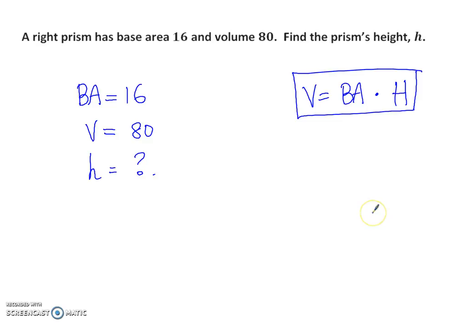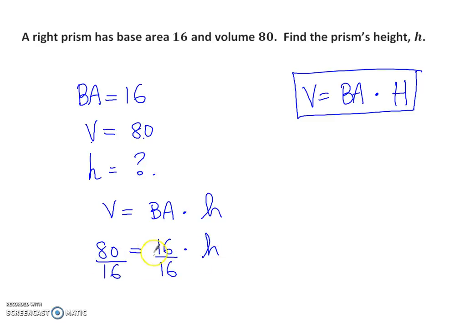So I'm going to write it out here. I know the volume to be 80, so under V I'm going to put 80. I know the base area to be 16, so under BA, which stands for base area, I'm going to put 16 times height. I can solve for h easily by dividing by 16 on both sides. So cancel this, you get height is 5 units. 80 divided by 16 is 5.